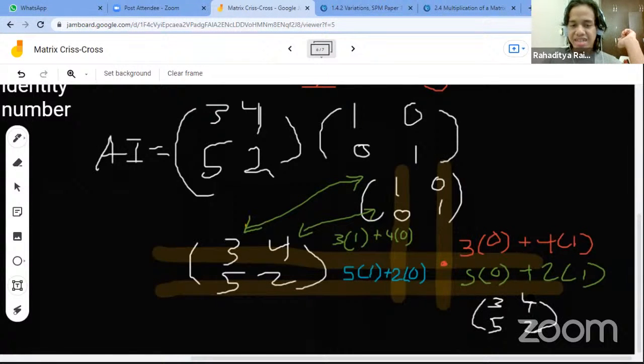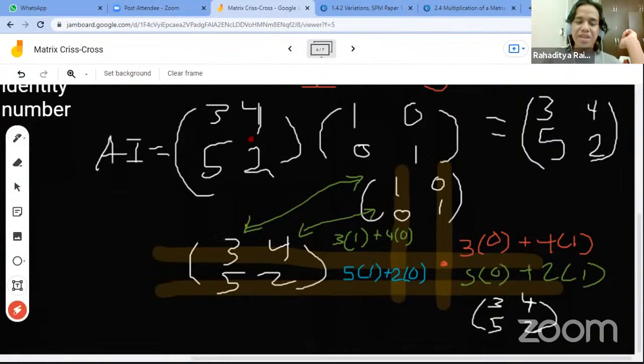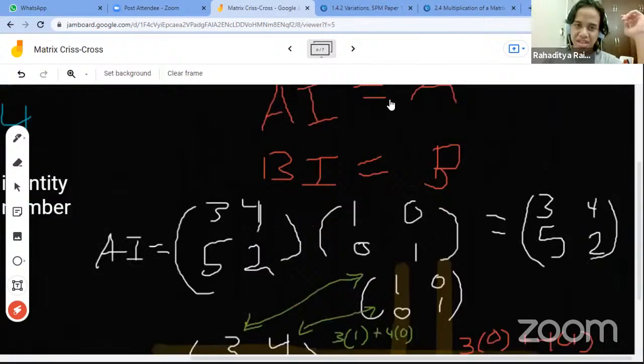That's how we can call this the identity matrix, because whenever you multiply any 2 times 2 matrix with this, you get the exact same matrix back. That's basically how the identity matrix works.